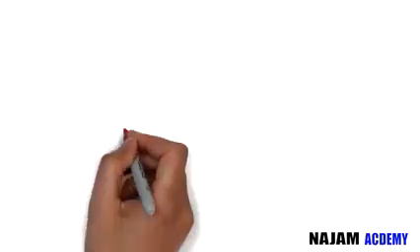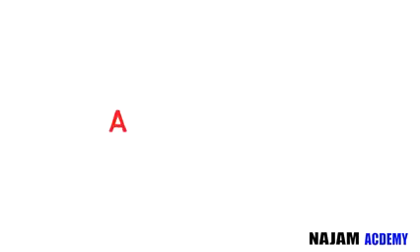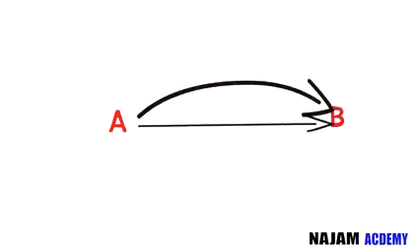Now to give you the concept of speed and velocity, let me tell you again an example, because this example will clear your concept about speed and velocity. Let's say I have two points A and B, and two paths, path 1 and path 2.